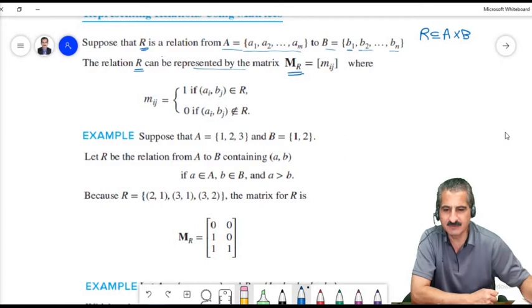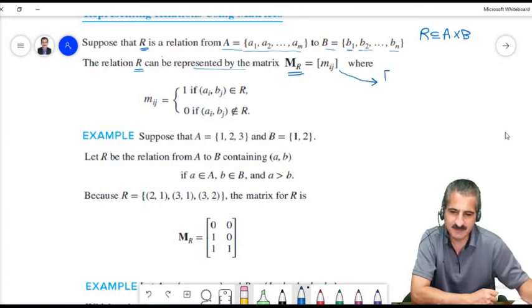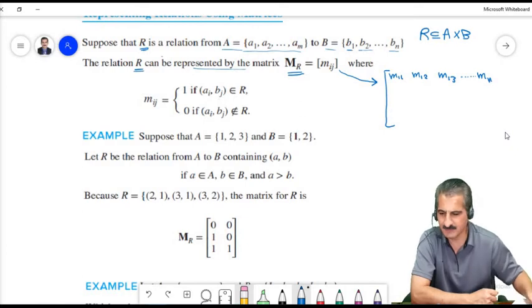m_ij. Now, what do we mean by this notation? This is the matrix that consists of the following: m11, m12, and we keep going, m13, all the way till m1n. What is this n?